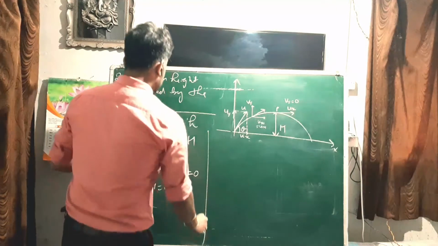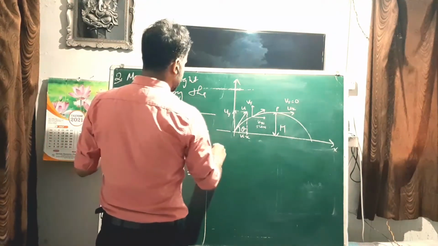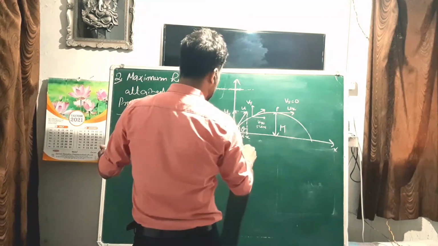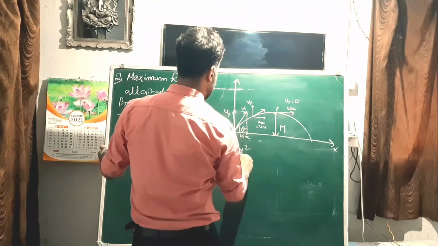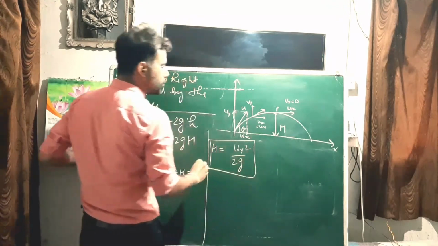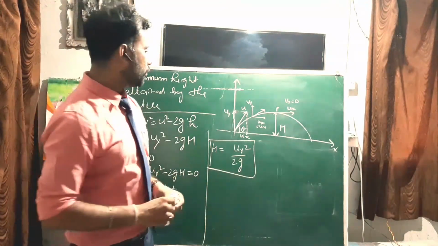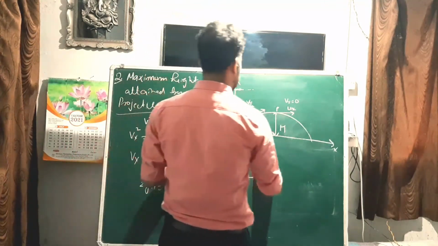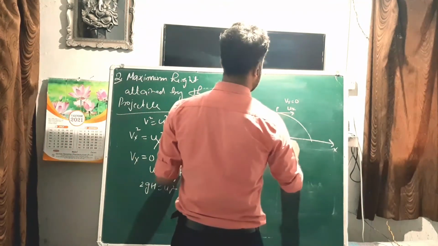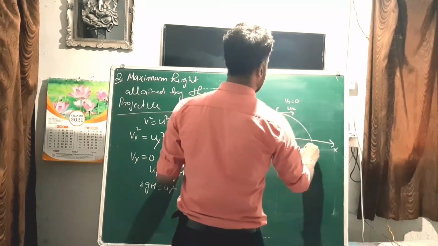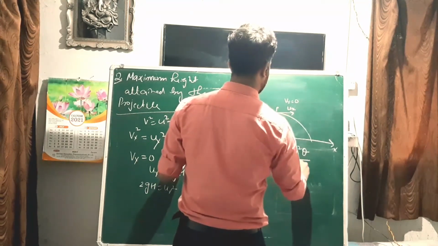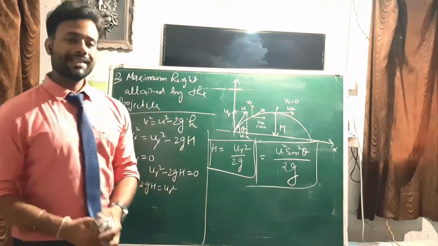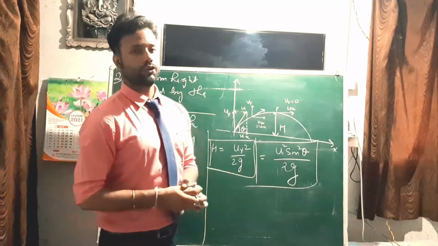So h equals uy square upon 2g. What is uy? Uy is the vertical velocity component, whose value is u sine theta. So h will become u square sine square theta upon 2g. This is the value of the maximum height attained by the projectile.